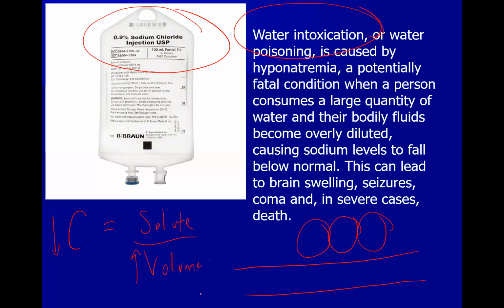Now, if the blood has become diluted because you've drunk so much water, that means the solute concentration in the blood is lowered, so it's hypotonic. And you can see there's a term, hyponatremia. Hyponatremia just means very low salt concentration. So we can simply say the blood is hypotonic to the brain cells.